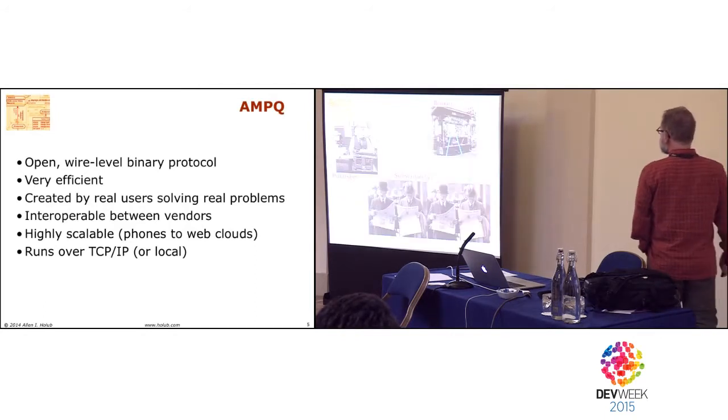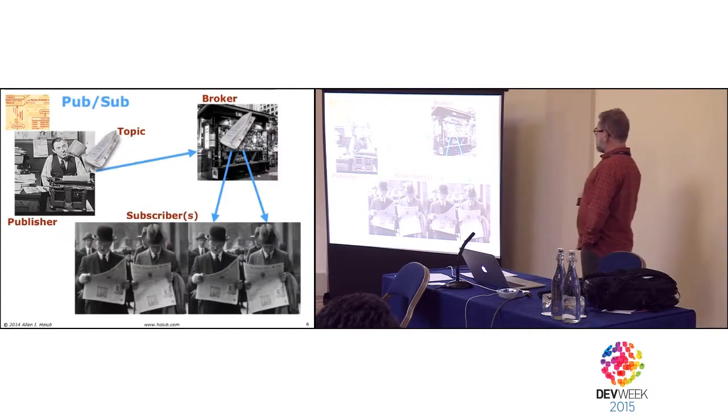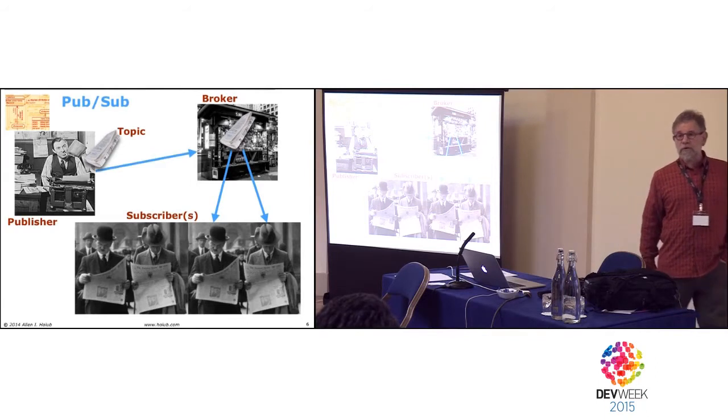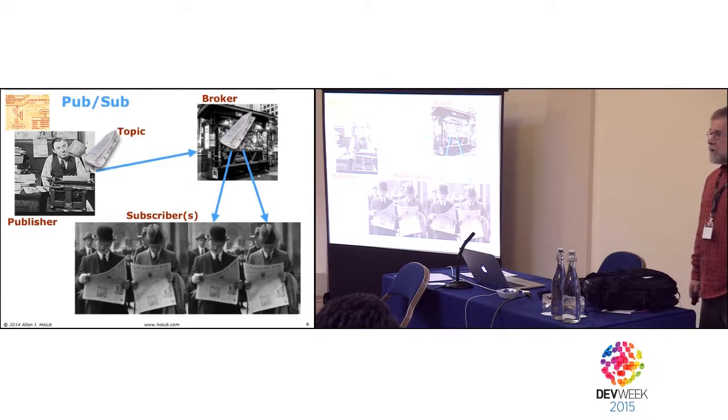Now, there are a couple of metaphors with respect to messaging that work across all systems, again, whether or not there's a broker present. So let's talk about them. The first metaphor is the publish-subscribe metaphor, which we're all familiar with at some level. The basic idea is that you have a publisher who publishes things on a certain topic.